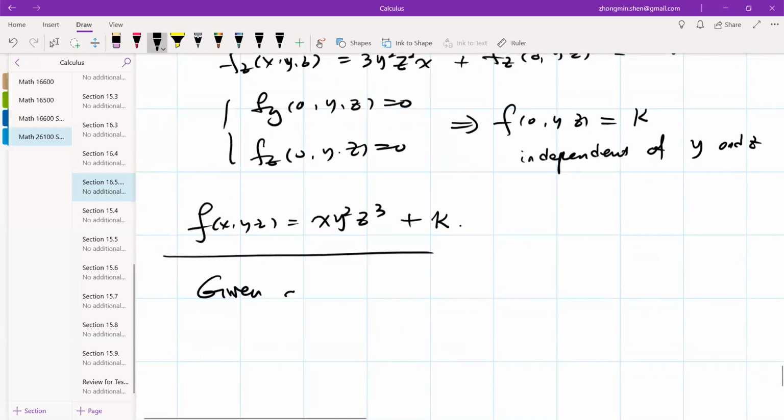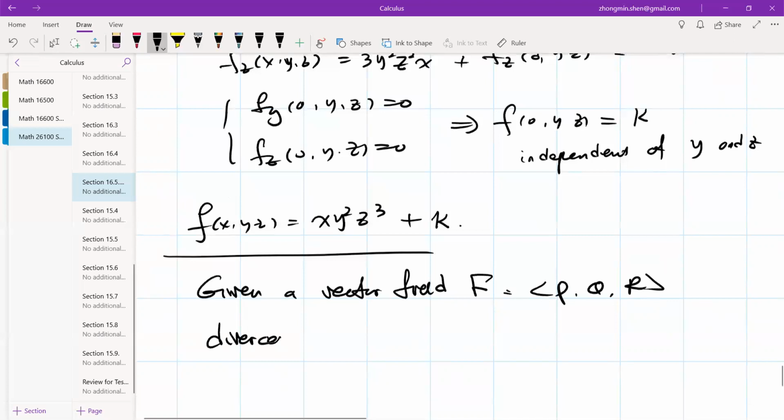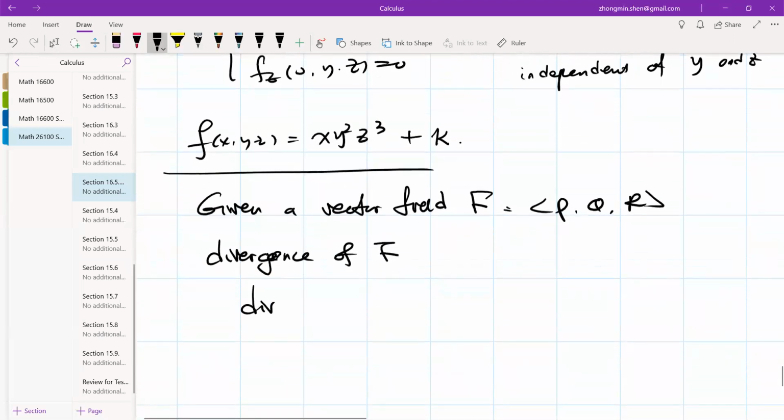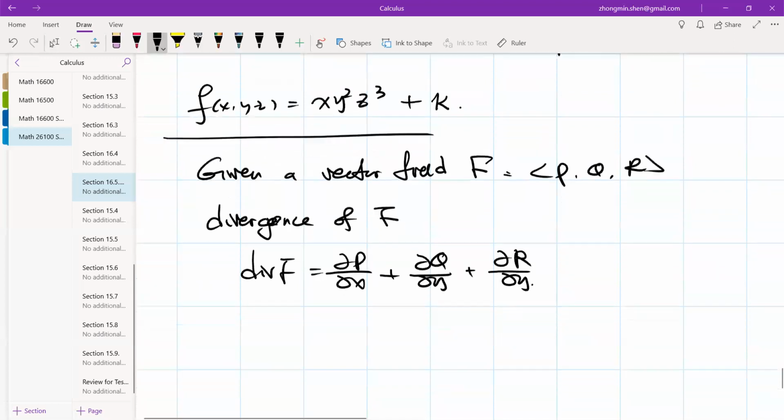Given a vector field F, that's P, Q, R, three components, the divergence of F is defined by the following formula. It's the sum of these partial derivatives.